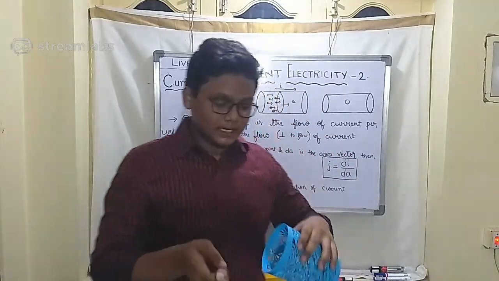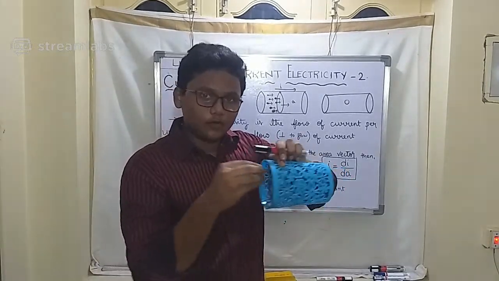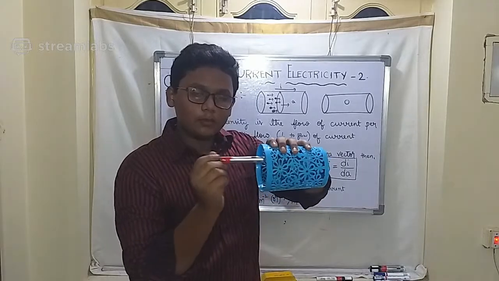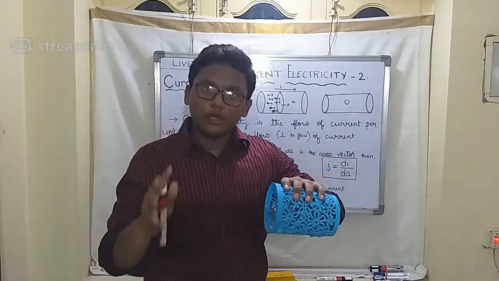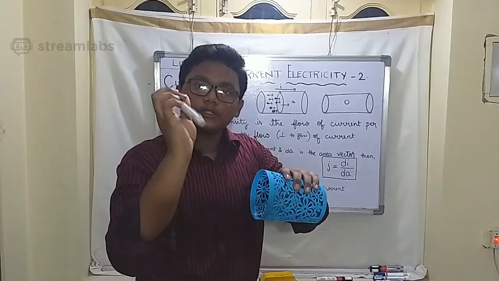Keep that aside. Now, water is flowing inside, and if we take a small point in it, the water flowing through the whole pipe is not equal to that through the small point.